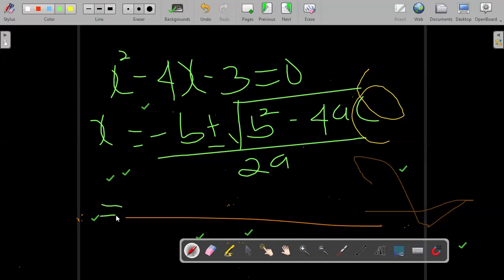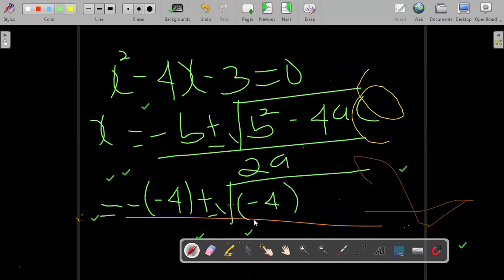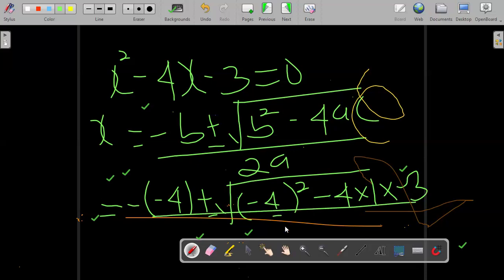So let's impute it. Minus into minus 4 plus or minus the square root of minus 4 all squared, which is my b squared, minus 4 times 1 times minus 3, over 2 times 1. So minus minus there will give us plus.